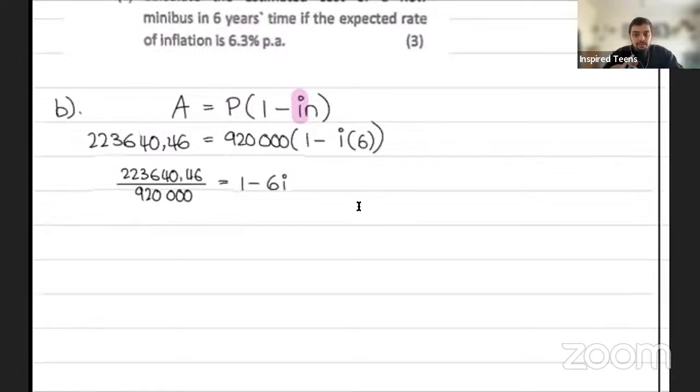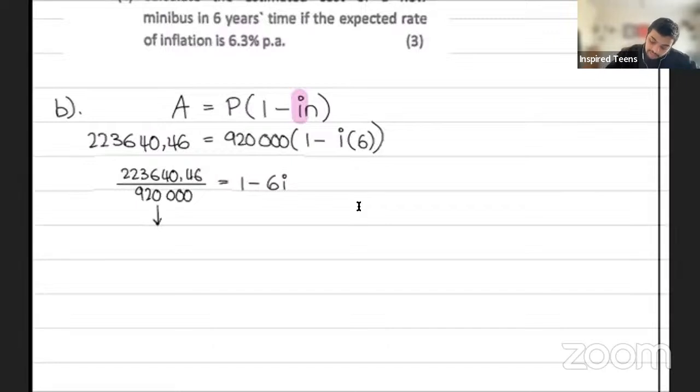Because if I simplify this fraction, 223,640.46 divided by 920,000, I'm going to get a really long decimal, and in finance we cannot round off initially because we are going to get inaccurate answers. In finance, by the way, this is another thing: do not round off in the middle of your steps because it's going to lead to inaccurate answers.